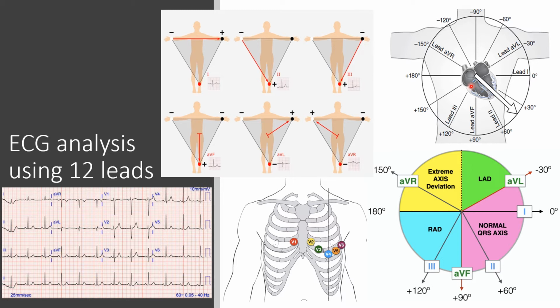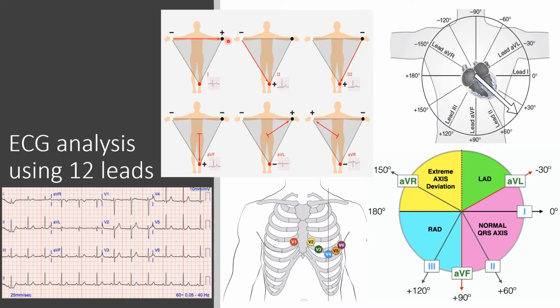Now, these electrodes, when they are placed on your skin, are picking up the electrical activity of your heart. Those electrodes are not passing any electricity inside of you, okay? They're just picking up the electrical activity without passing any electricity into your body.